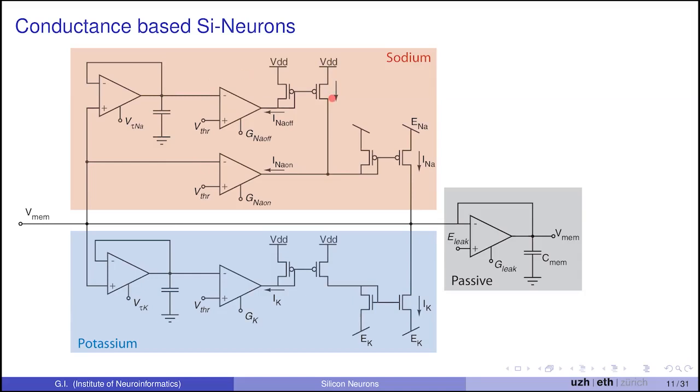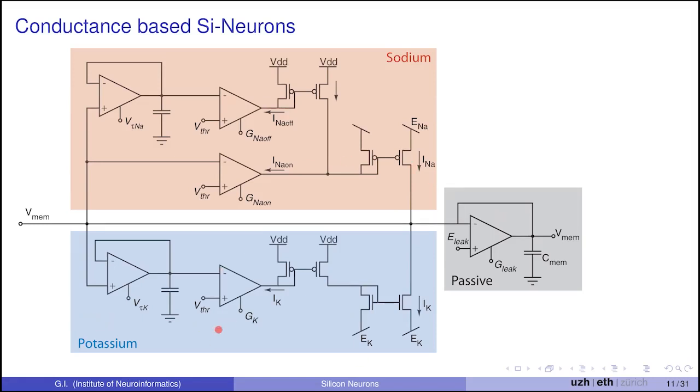So we can basically supply all the current from here. So essentially, we don't need to push current into the membrane capacitance anymore. We stop pushing. So Vmem went up. It almost reached VDD, depending on how fast we can stop pushing. And then it basically stays up for as long as we stop pushing.